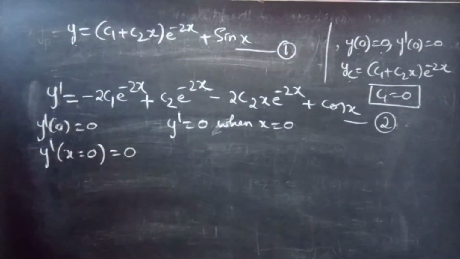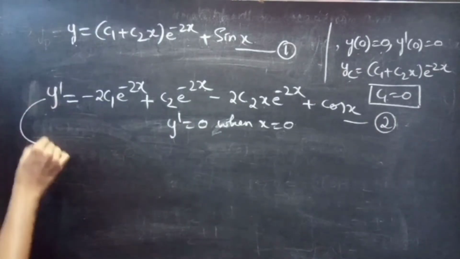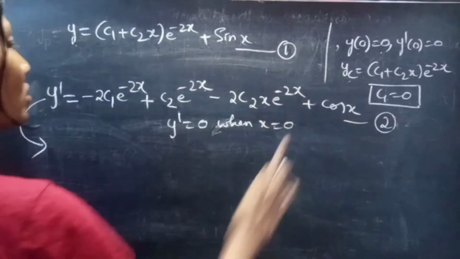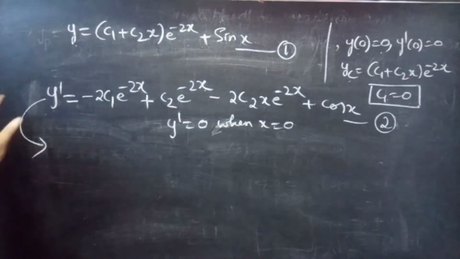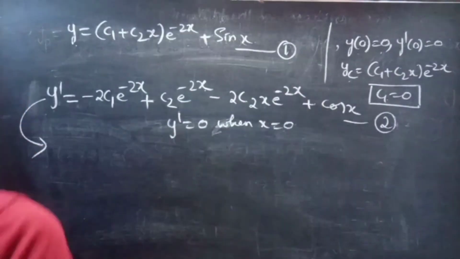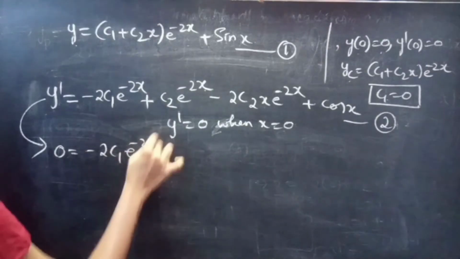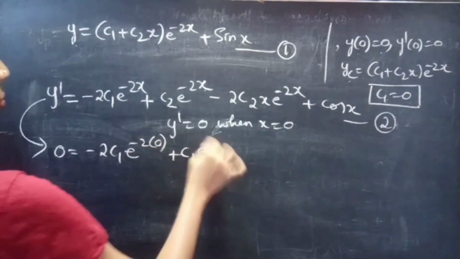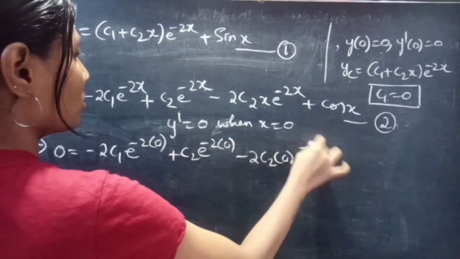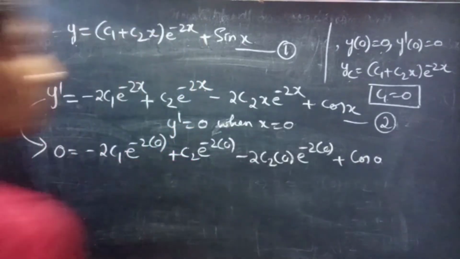So now we need to use equation 2. Replace y dash and x by 0. We'll get 0 equals to minus 2c1 into e power minus 2 into 0 plus c2 e power minus 2 into 0 minus 2c2 into 0 into e power minus 2 into 0 plus cos 0.